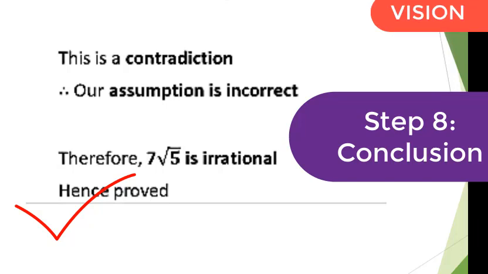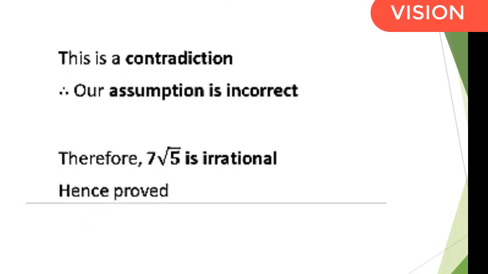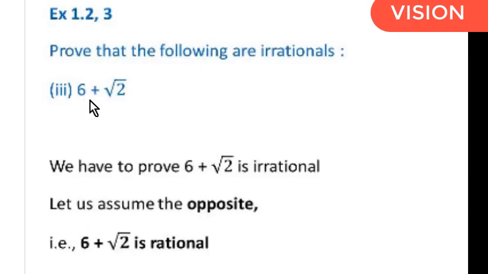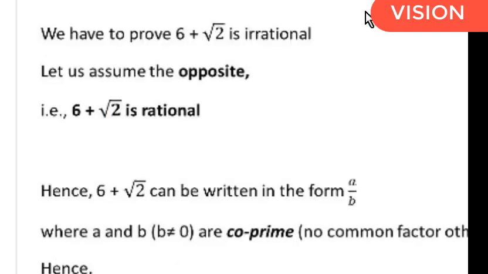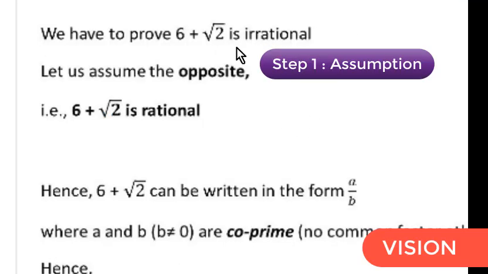Let me move to the next problem. Now 6 plus root 2, we have to prove this is an irrational number. Step 1 is assumption: 6 plus root 2 is irrational. To prove this, we take the opposite assumption: 6 plus root 2 is rational.